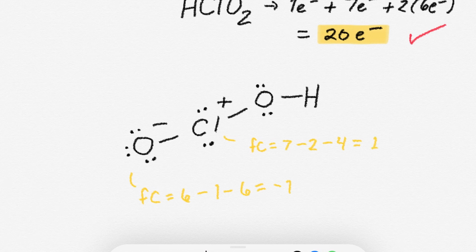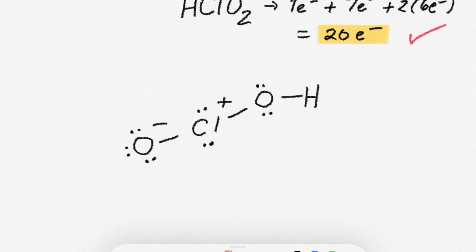So let's go write that in. So chlorine has a plus charge. Doing this again, this oxygen has a formal charge of 6 valence electrons minus 2 shared pairs minus 4 electrons in your lone pairs. So that would be 0. And then of course hydrogen is 0.